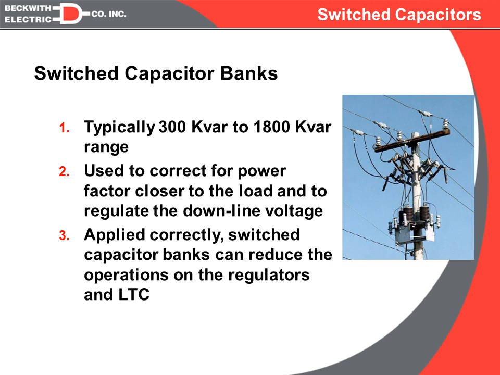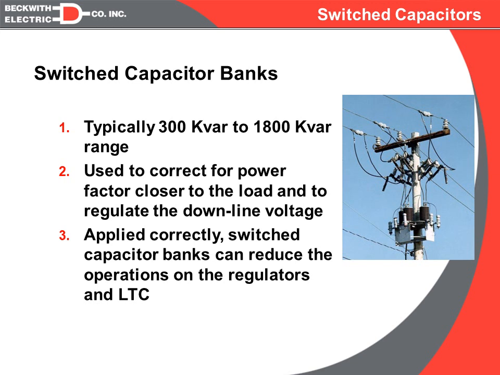They would typically be much smaller, in the range of 600 kVAR, 1200 kVAR, typically no more than 1800 kVAR. So when they're turned on, they don't have as big an impact on the voltage back at the source. And if done correctly, we can actually reduce the number of operations on the LTC by applying many smaller switched cap banks to correct the voltage as opposed to one large capacitor bank at the substation.